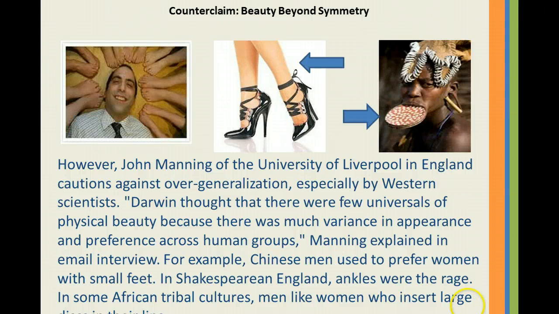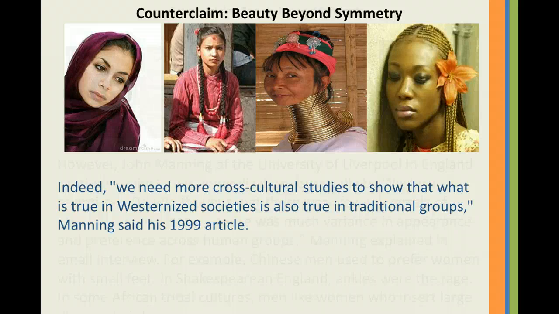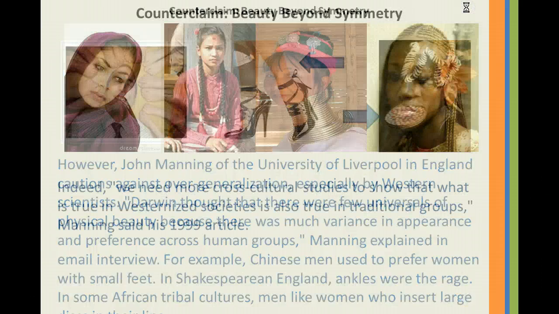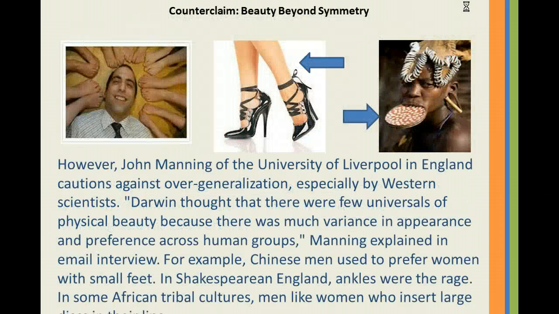However, John Manning of the University of Liverpool in England cautions against overgeneralization, especially by Western scientists. Darwin thought that there were few universals of physical beauty because there was such variance in appearance and preference across human groups. Manning explained in an email interview, for example, that Chinese men used to prefer women with small feet.